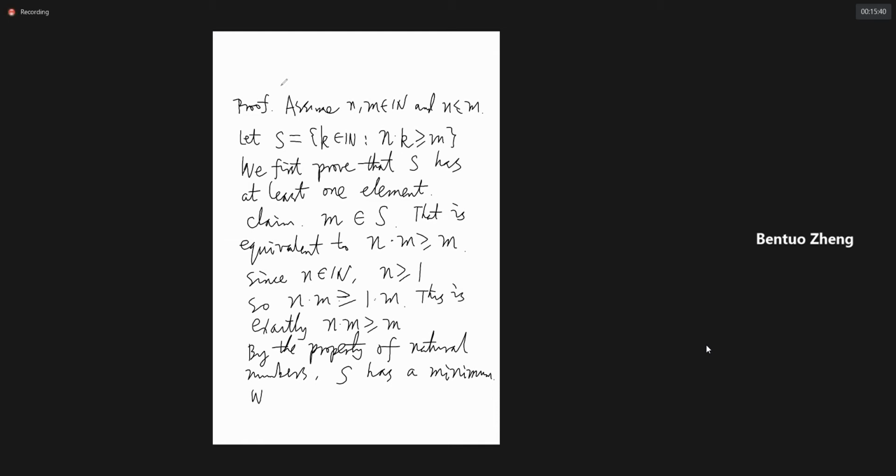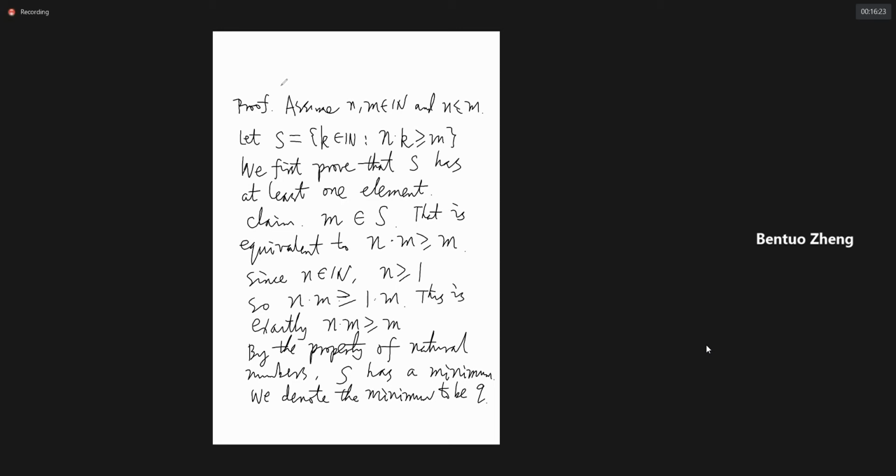So we denote the minimum to be Q. Okay, let's change the notation.